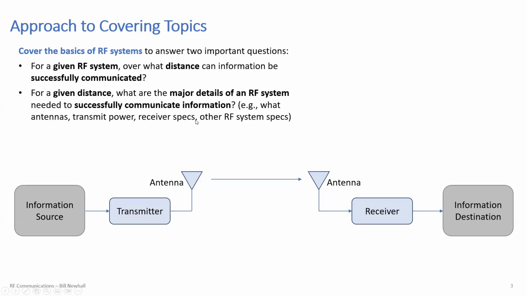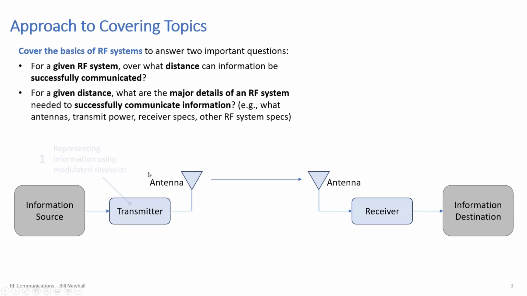How low noise does your receiver have to be? Or what are the other RF system specifications that you need to successfully communicate over a given distance with good enough quality? Okay, so in talking about these two important questions, we're going to cover these areas.